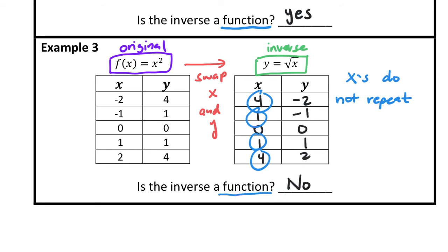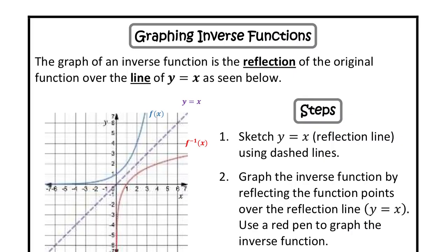Remember, the definition of a function as far as tables go is that we check the table and see if the x's do not repeat. If they do repeat, then it's not a function. We'd say no. Okay.